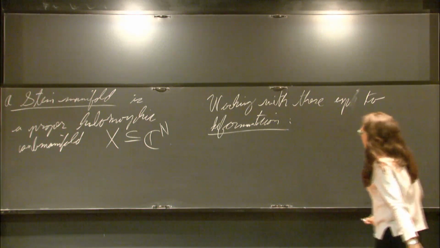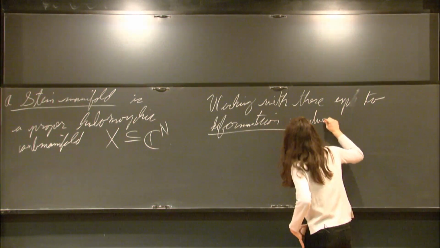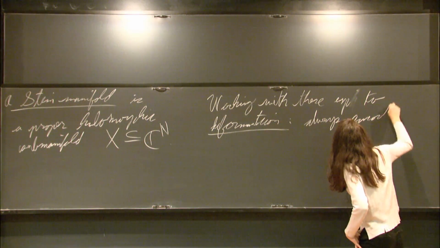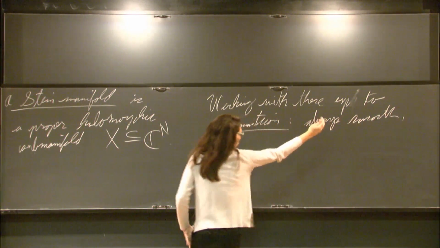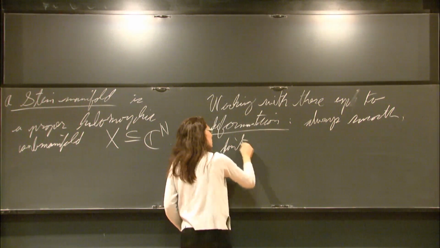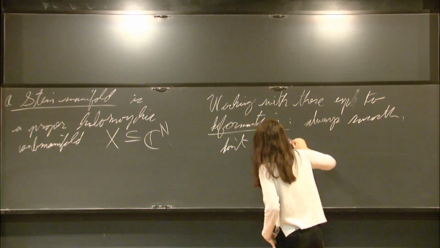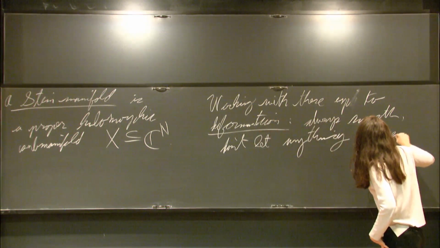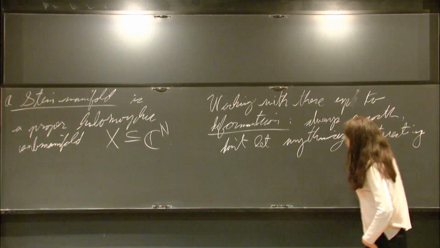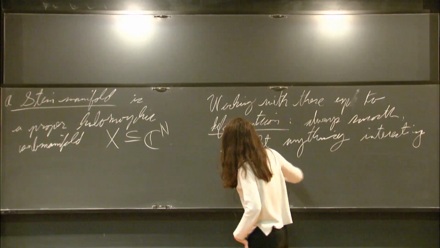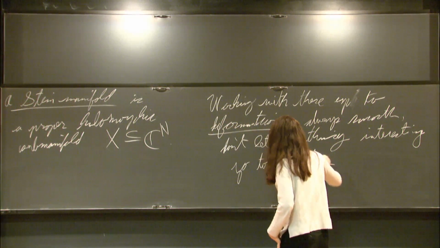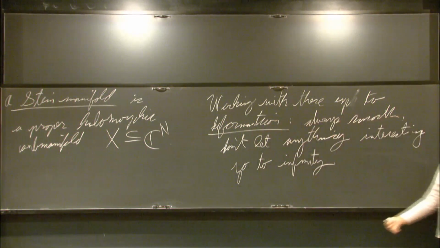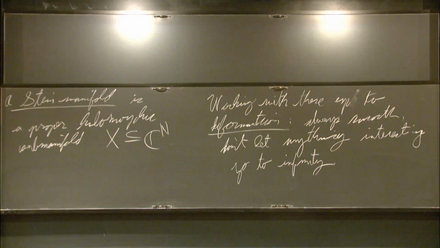But what I don't want to allow is, I'm always smooth, and more importantly, I don't let anything interesting go to infinity. So I don't want to do something silly, like for any one of these things, I just zoom in on a point and now it's the same as a linearly embedded subspace.